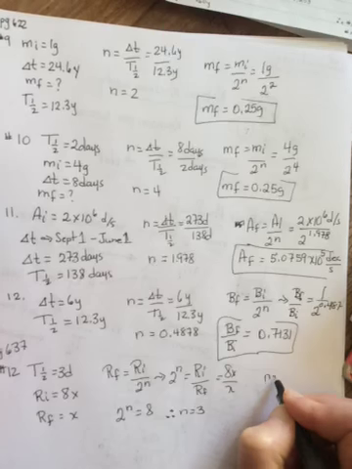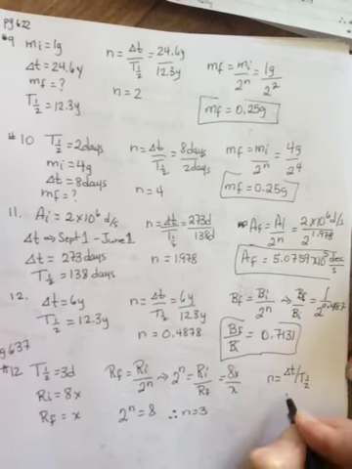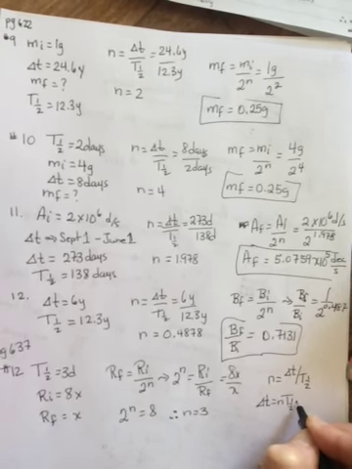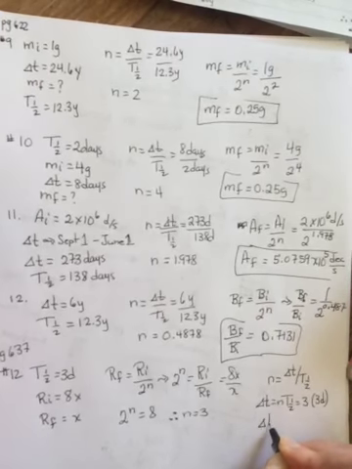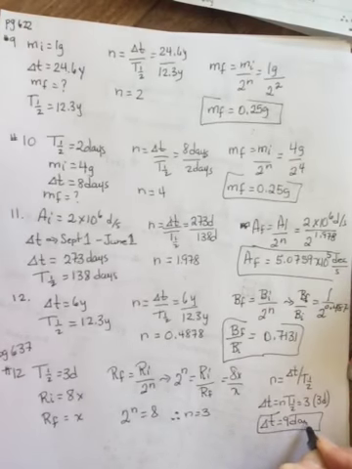Then n is equal to delta t over T1/2, so delta t is n times the half-life. So 3 times 3 days, you need to wait 9 days before you can go back inside.